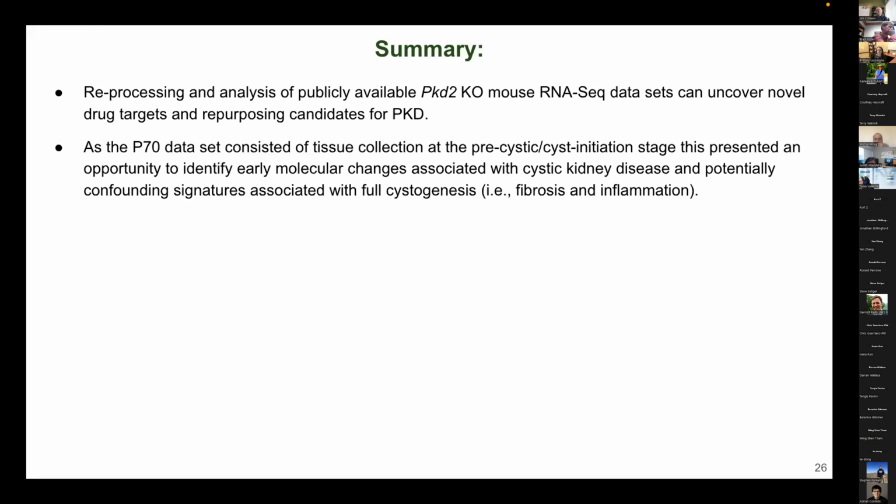We really focused here on that P70 data set because the tissue collection was at the pre-cystic or cyst initiation stage, and we felt that that presented an opportunity to identify early molecular changes associated with cystic kidney disease, and also potentially confounding signatures associated with full cystogenesis. So by being able to compare across these multiple data sets.